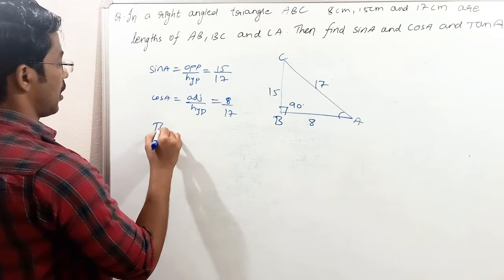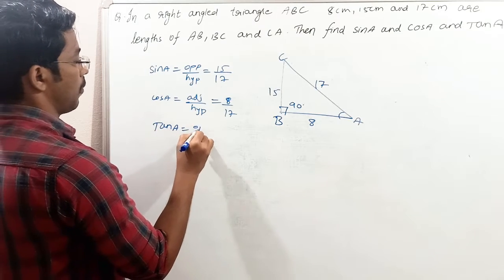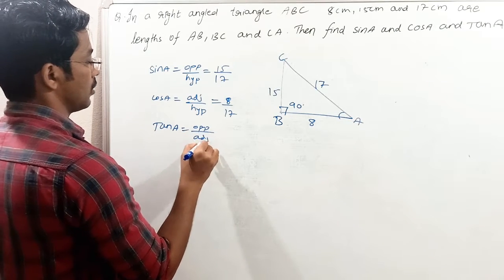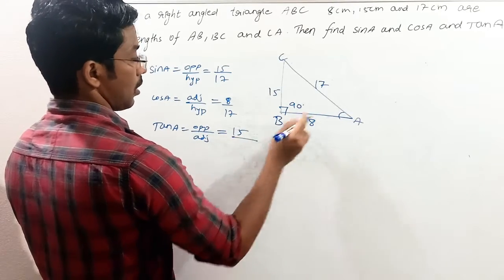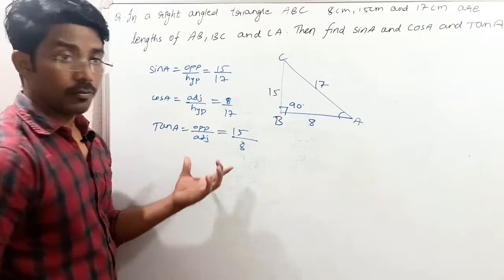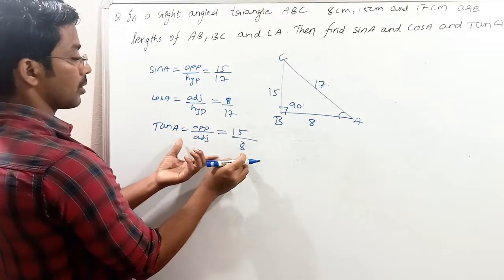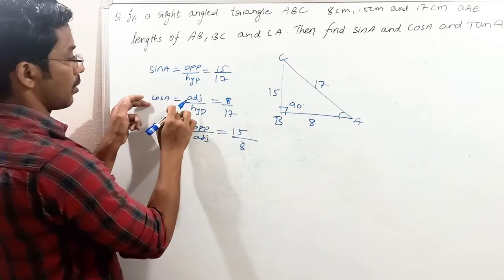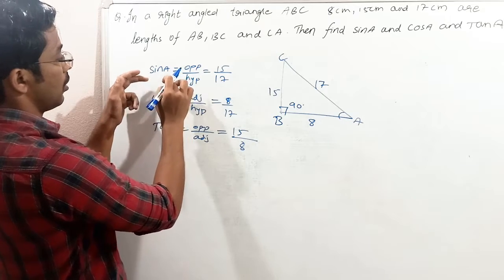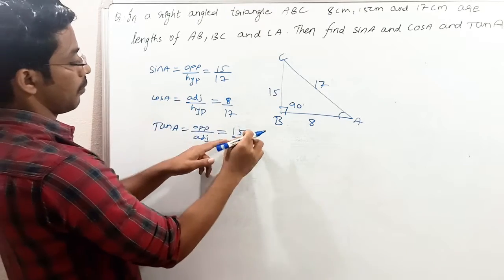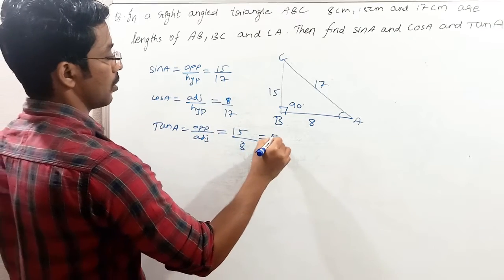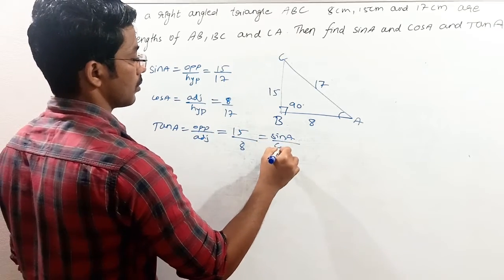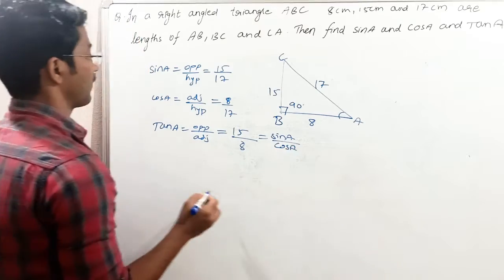Next, tan A is opposite by adjacent, nothing but opposite 15, adjacent 8. If you observe, this can also be obtained by sin A divided by cos A. 17 and 17 get cancelled and we get 15 by 8. So tan A can also be written as sin A by cos A.